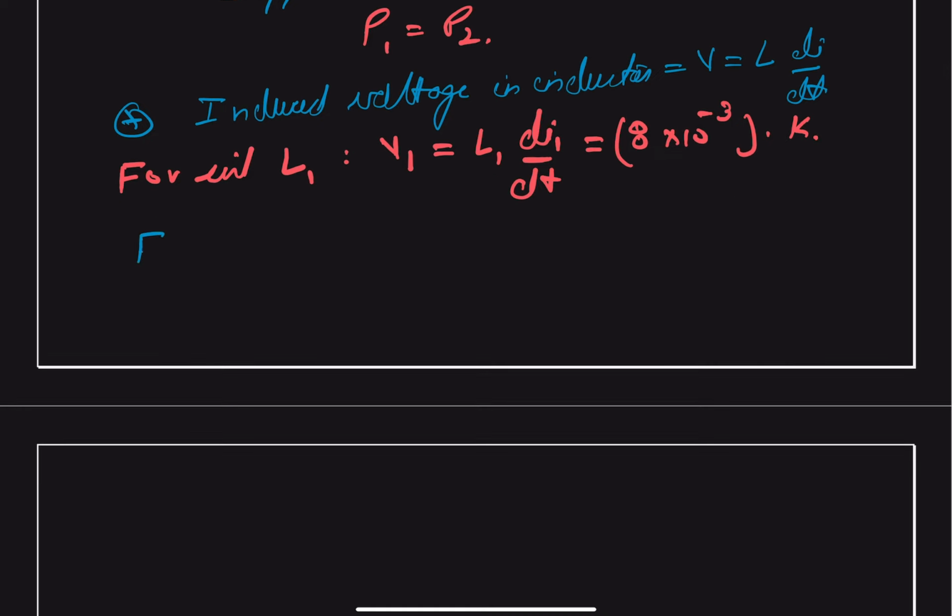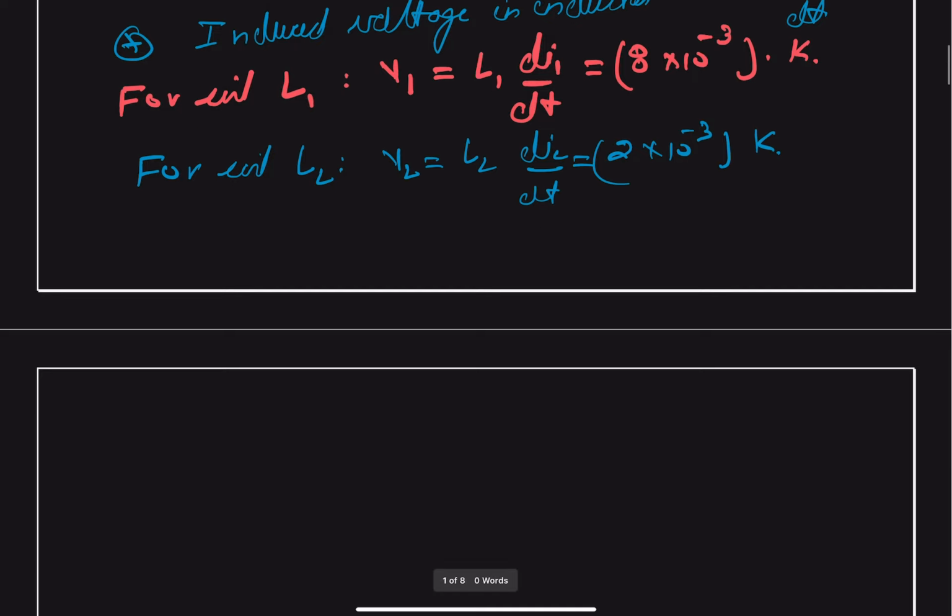Similarly, for coil L2, V2 is equal to L2 di2/dt, and it is given as 2 times 10 to the power minus 3 multiplied by k. So from here we can find the ratio V1 upon V2.